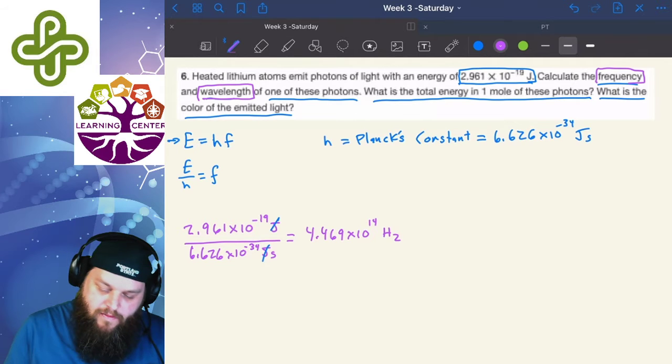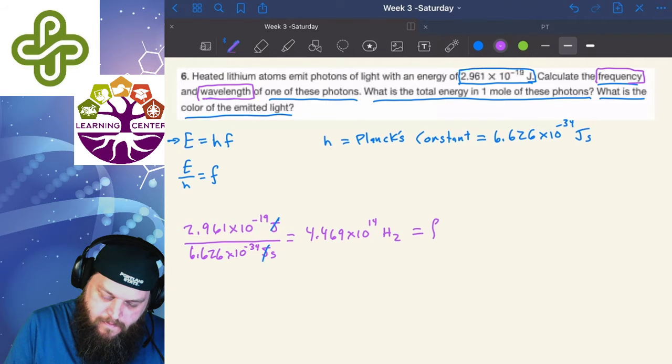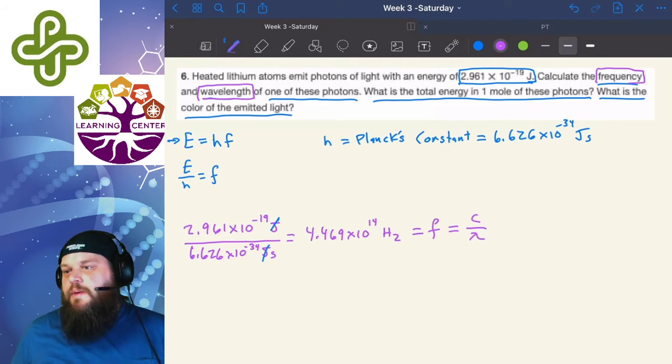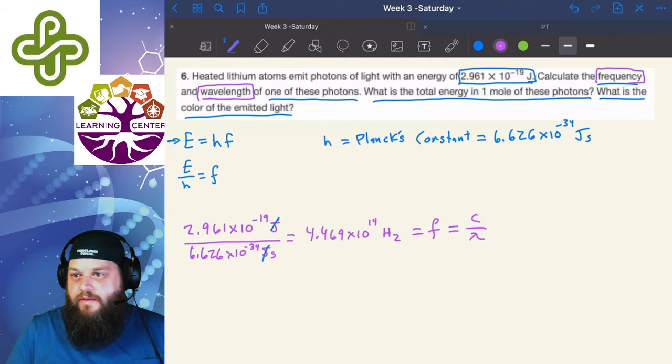So to find the wavelength, that frequency is going to equal the speed of light divided by the wavelength. So now we can rearrange and solve for that wavelength.